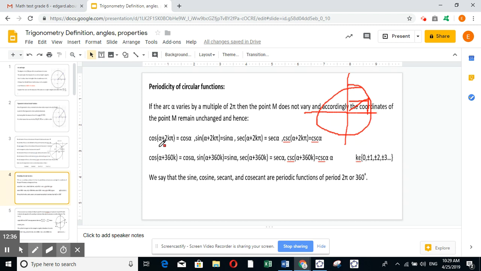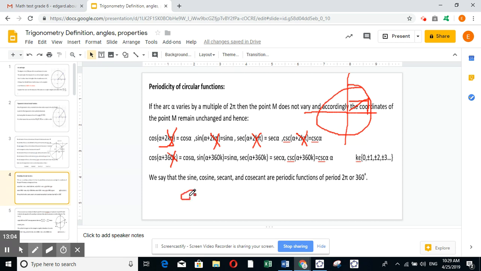So cosine alpha plus 2k pi is cosine alpha. Sine alpha plus 2k pi is sine alpha. Secant alpha plus 2k pi is secant alpha. Cosecant alpha plus 2k pi is cosecant alpha. In degrees it's the same story. If you add 360k or 2k pi, all are the same. So the period of sine, cosine, secant, cosecant is 2 pi or 360 degrees.